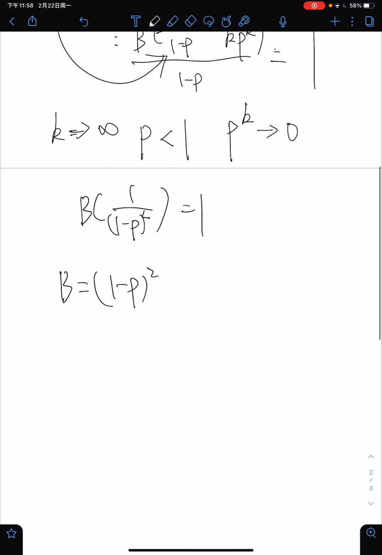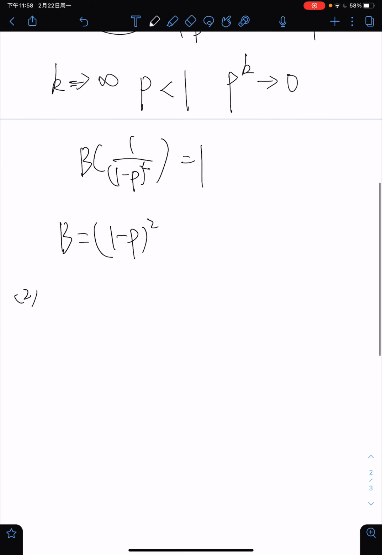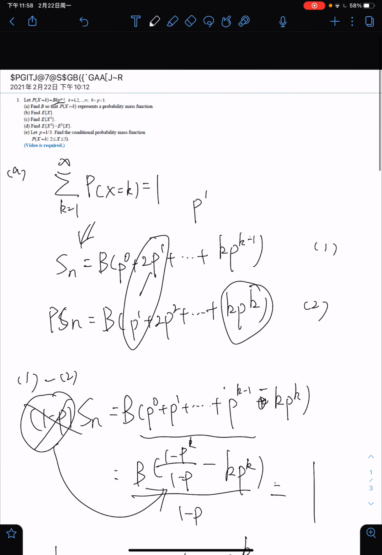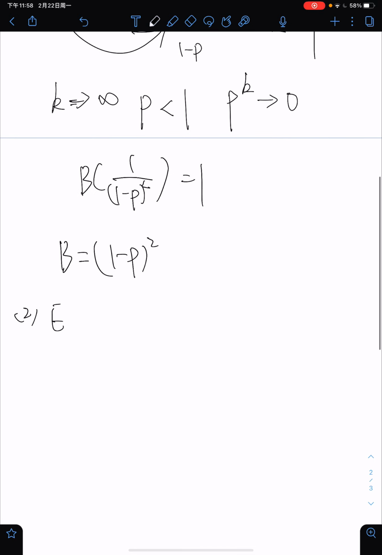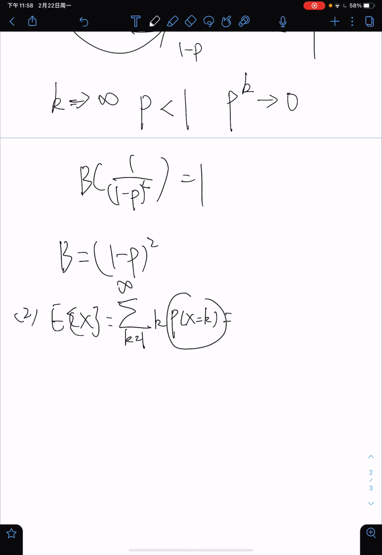Okay, the second question, we need the expectation of x. So from the definition, it will be, okay, and here we can change it.